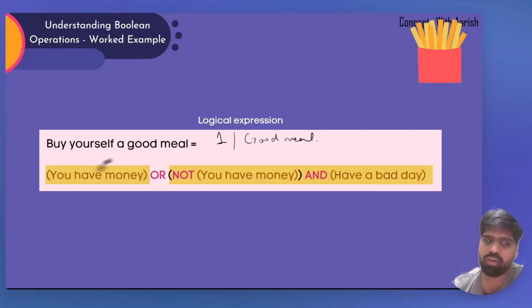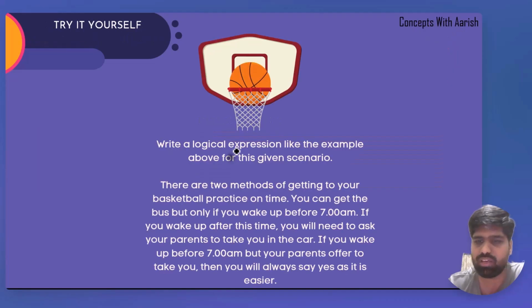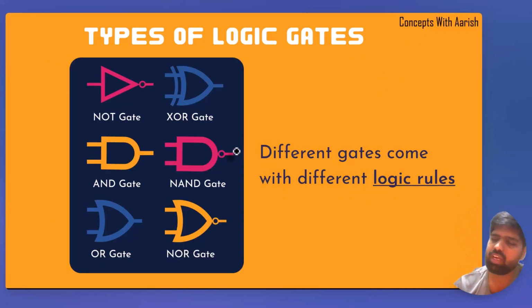So either you will have money, then you can have a 1, a true, or a good meal, or either you do not have money but you are having a bad day, then you can have a good meal. So that's how it works in normal life. There's another example given, but let's move on from this one.